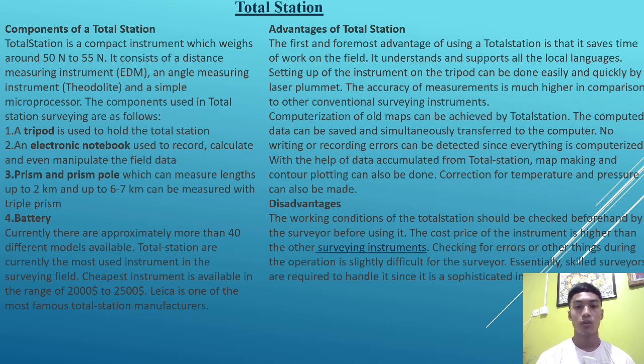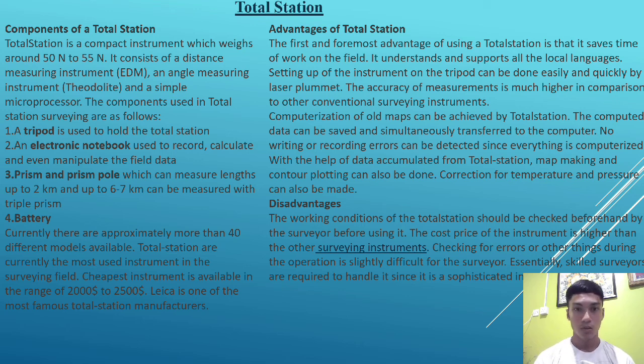No writing or recording errors can be detected since everything is computerized with the help of data accumulated from the total station. Map making and contour plotting can also be done. Correction for temperature and pressure can also be made.